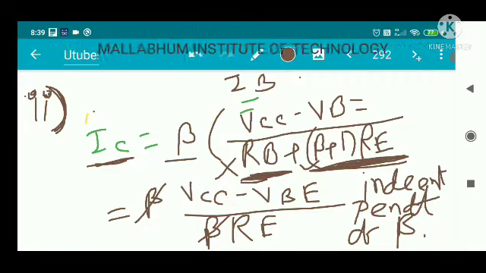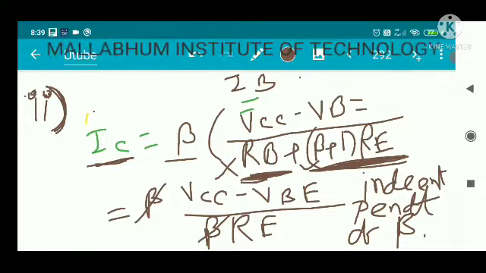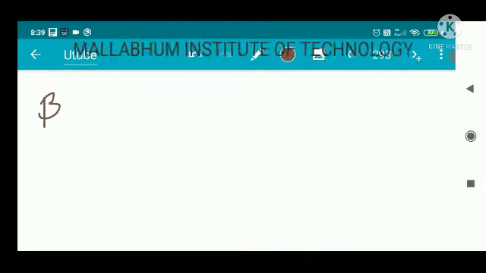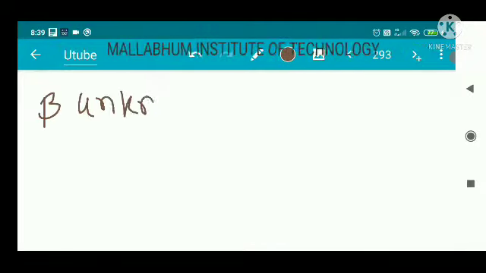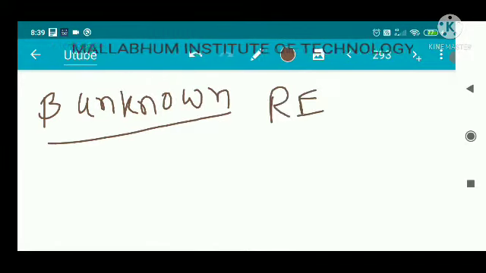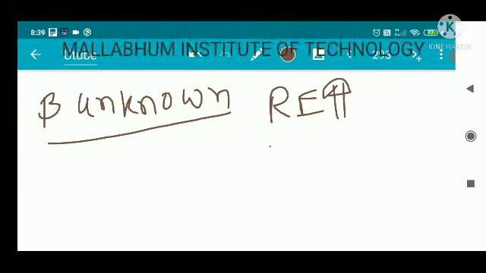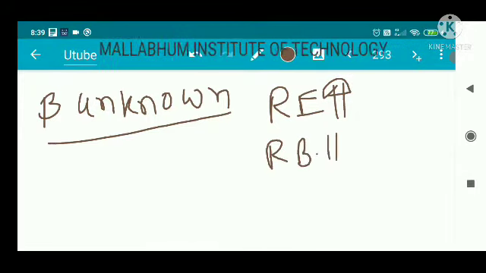But one disadvantage is that if beta is unknown to us, then we want to make RE very much higher and RB very much lower.